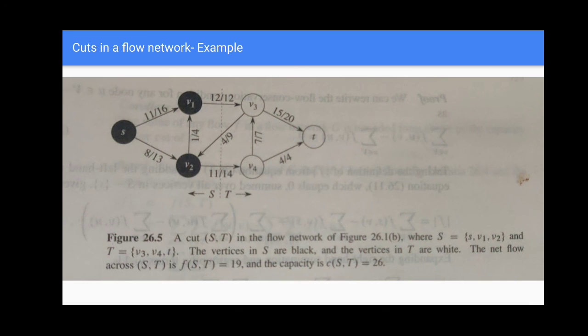But if you consider the flow across the cut, it is 12 plus 11, 23 minus 4, that is 19. So that is what is being shown here. We have to understand the flow across a cut as well as the capacity of the cut.